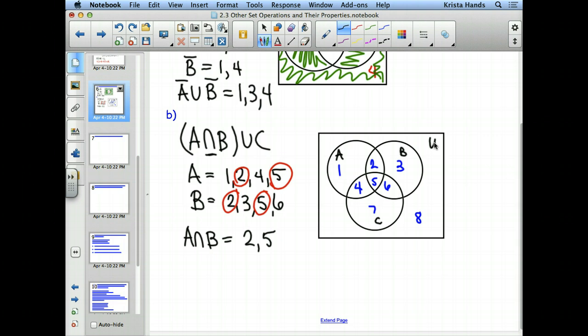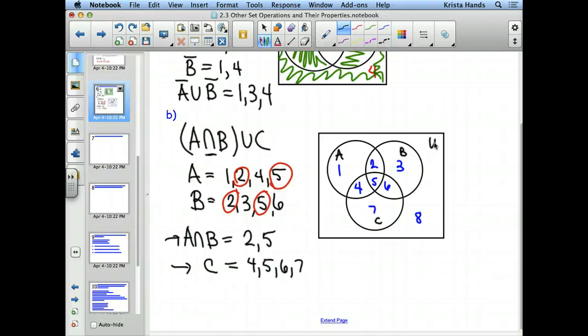Now I've done everything inside the parentheses, so I'm going to move outside the parentheses. I have another set. I have the set C. So what items or numbers are inside of set C? 4, 5, 6, and 7. What am I supposed to do next? I'm supposed to somehow combine these two. How do I combine them?